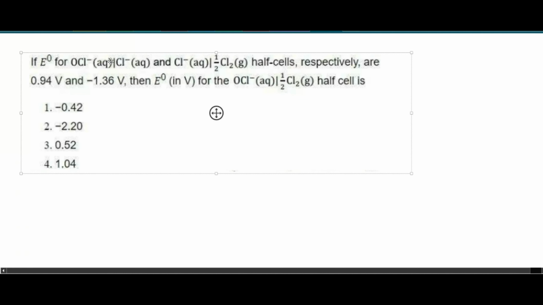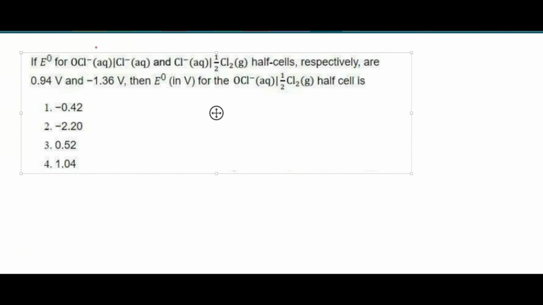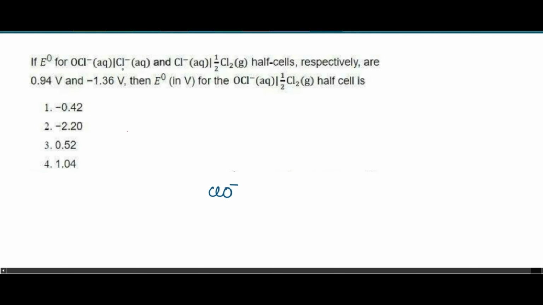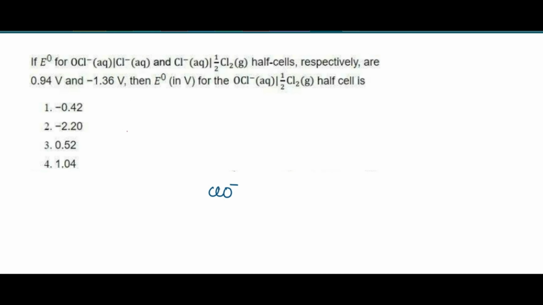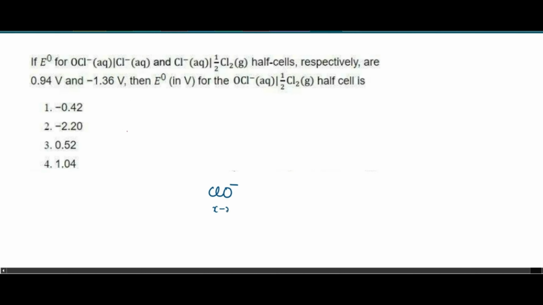Okay. Now see what is given here. You have ClO minus. What is the oxidation state of chlorine? Let's say chlorine is X, oxide is minus 2, which is equal to minus 1, from which you will get X is equal to plus 1.